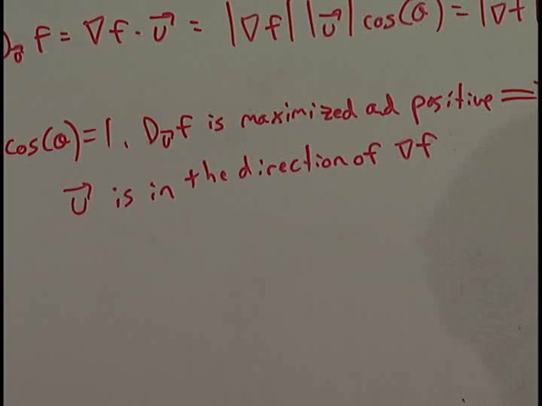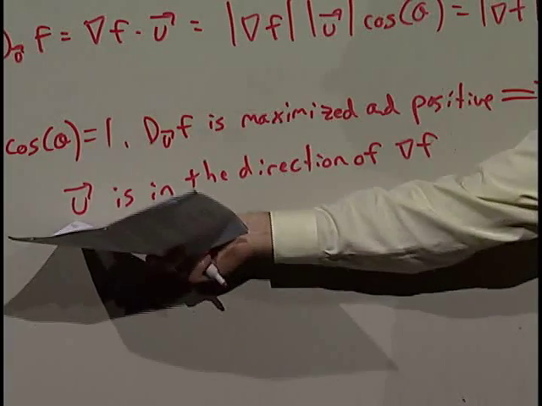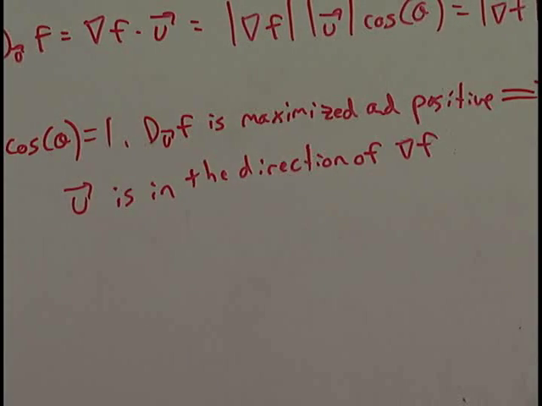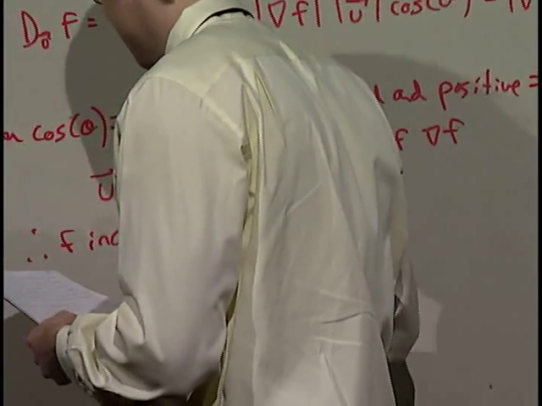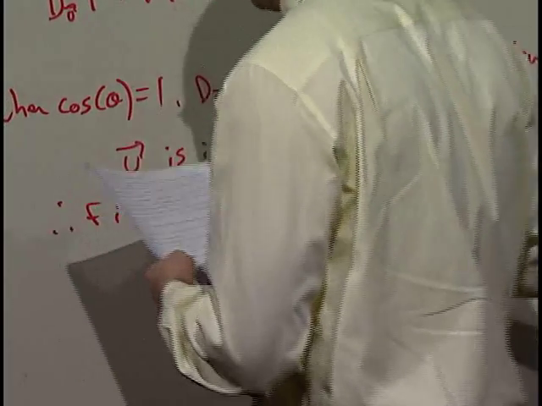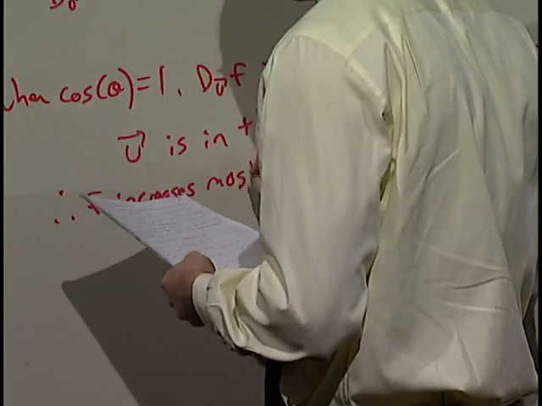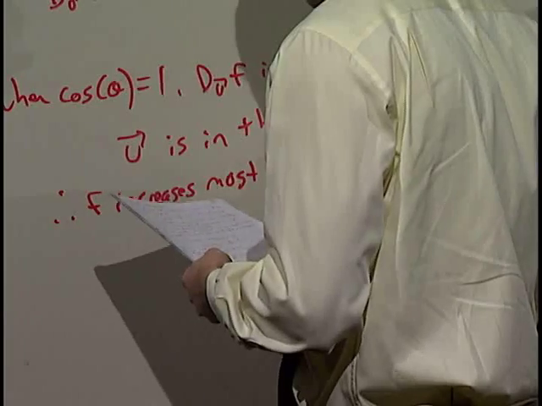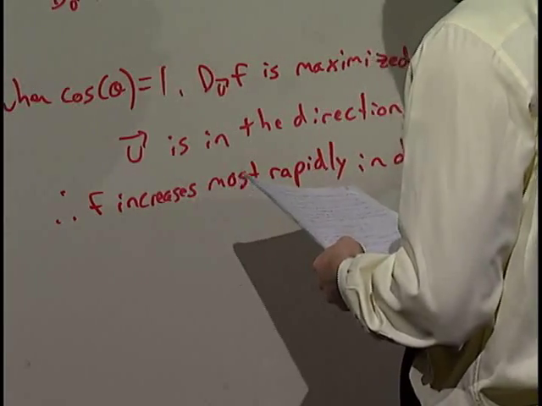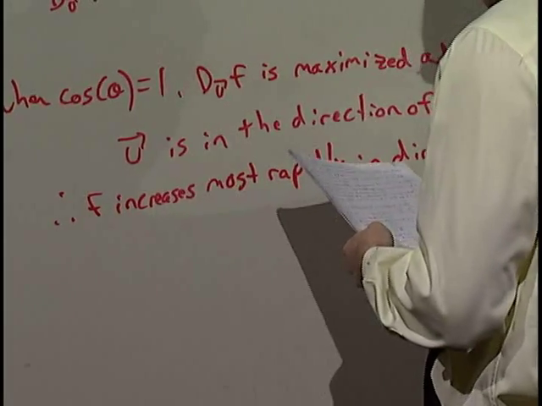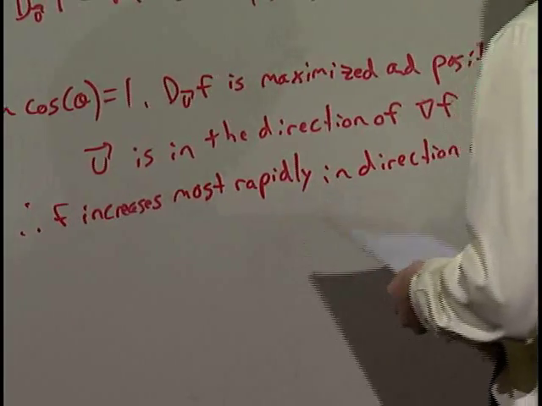So that means that when this is largest and positive, we're asking what is the derivative of f in the direction of grad f, okay? And so therefore, f is most positive and maximized, increases most rapidly in the direction of grad f, right?